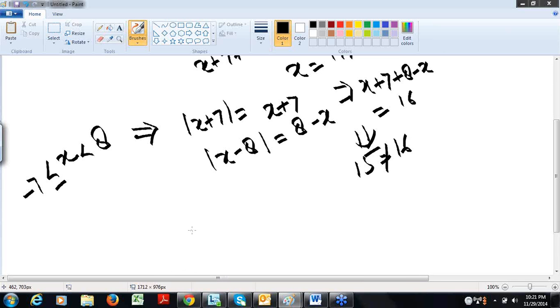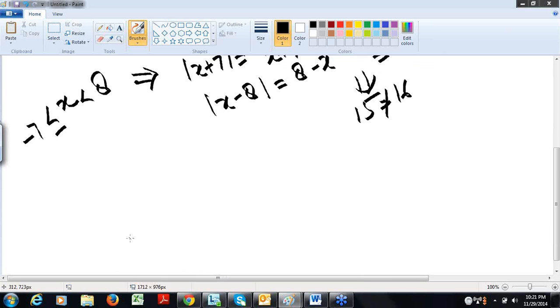Now move on to the next condition. x greater than or equal to minus 7 and less than 0.